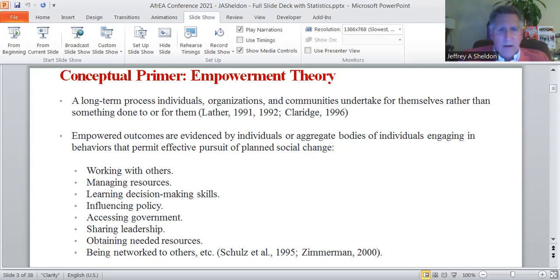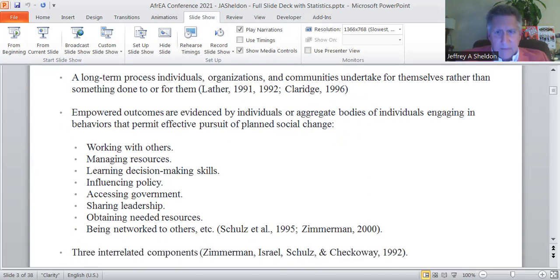So empowered outcomes for individuals or even aggregate bodies of individuals like organizations: when you're empowered, you engage in certain behaviors that permit an effective pursuit of planned social change.